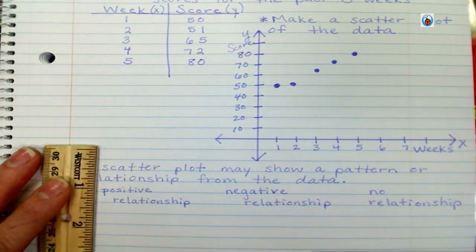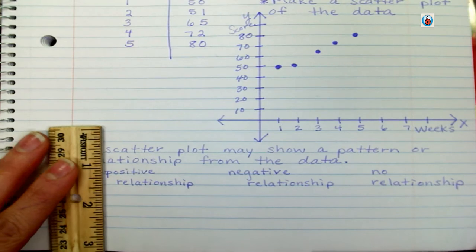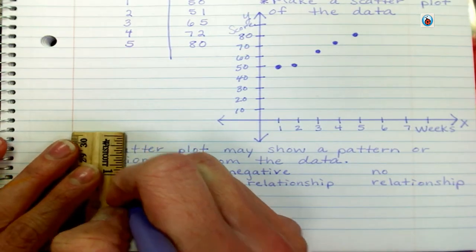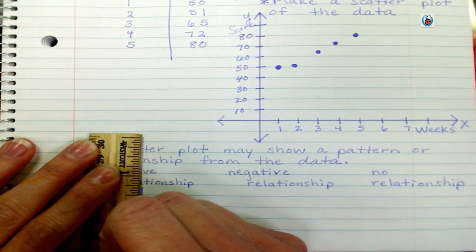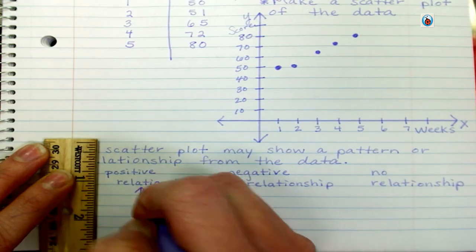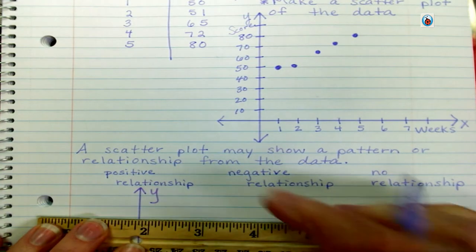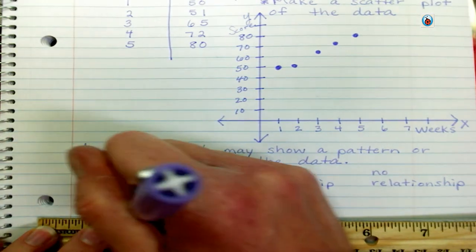So for each of these, you have your graph. Your y-axis here, and your x-axis here.